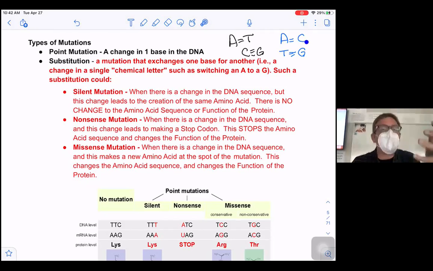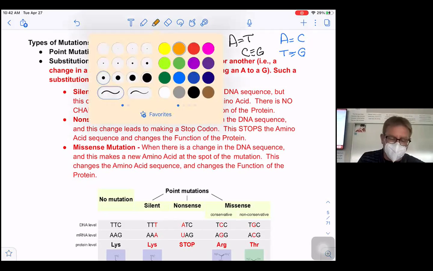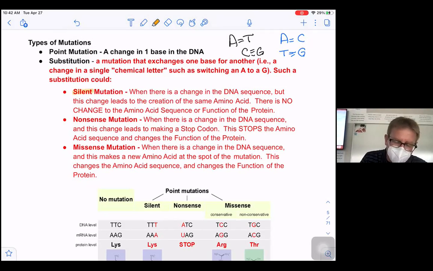Now, what are the effects of changing one letter in the DNA sequence? There are three different effects. The first one is what we call a silent mutation. In a silent mutation, there is a change in the DNA sequence, but no change to the amino acid.